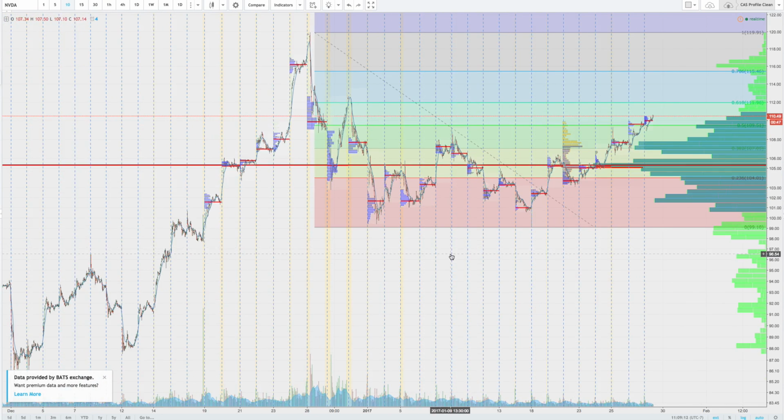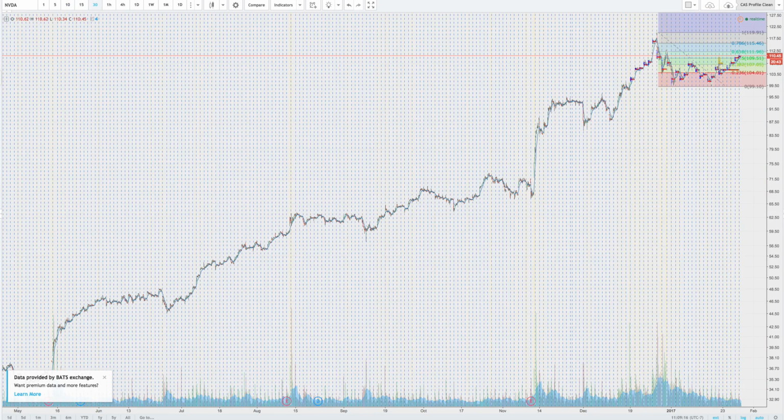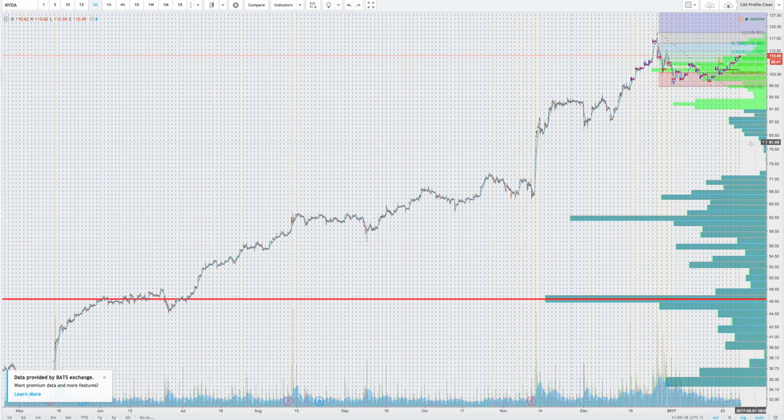As we pull back further into time, and I'm going to pull back on the time frame here, keeping our initial chart, you're going to begin to see that the value area is actually much further lower. It really goes from 90 all the way down here. So we're looking now at a 30-minute chart that's going back a number of months, all the way back to May.